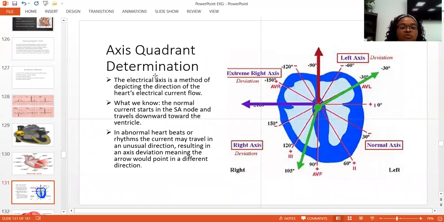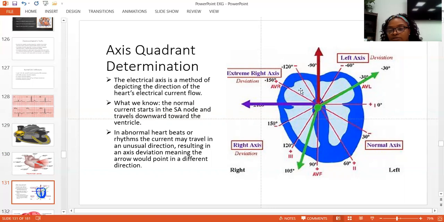Okay, axis quadrant determination. So the electrical axis is a method of depicting the direction of the heart's electrical flow. What we know is our normal current starts in the SA node and travels downward toward the ventricles, right? And we just showed that on one of the previous slides. So in an abnormal heartbeat, the rhythm or current may travel in an unusual direction.